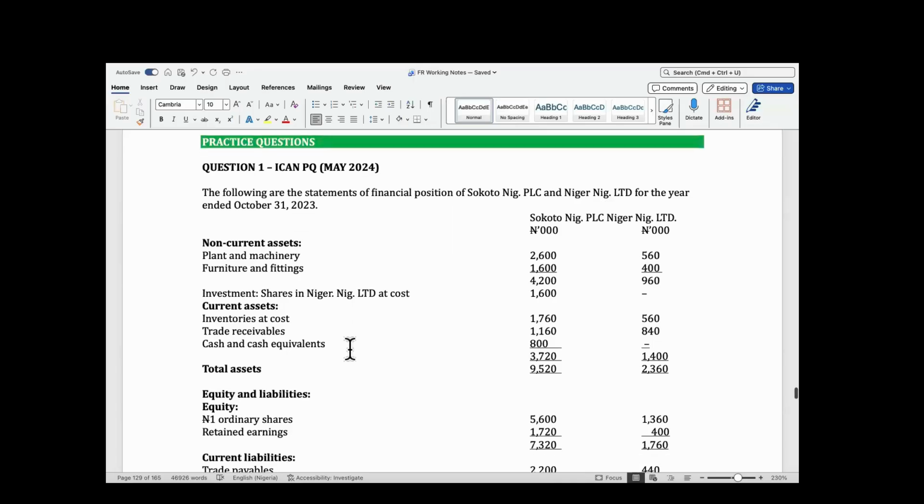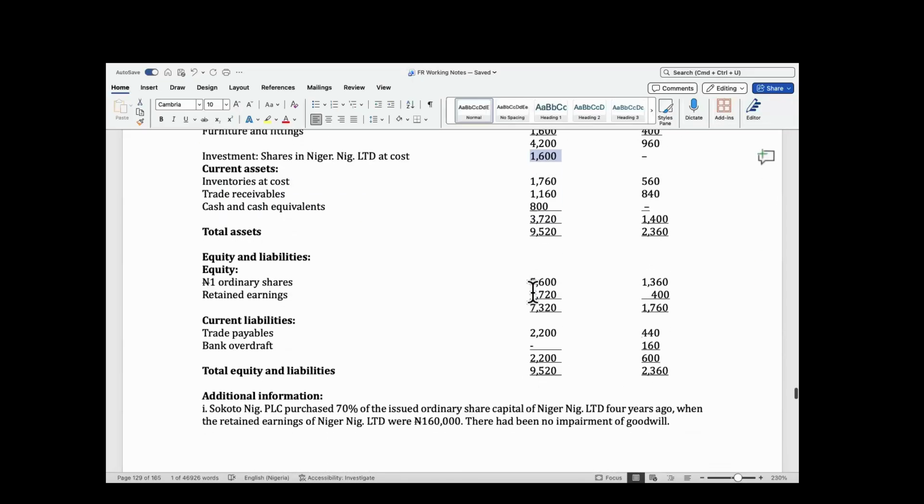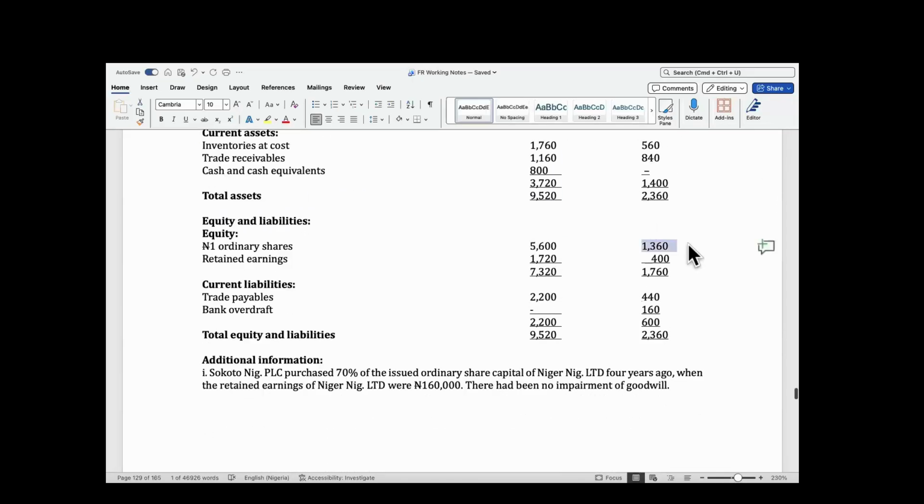And obviously, the members of the group here are Sokoto and Niger Limited. Sokoto appears to be the parent, Niger appears to be the subsidiary. And we can easily guess from the investment in Niger of around 1.6 million. Of course, this will be cancelled out against the equity of the subsidiary.